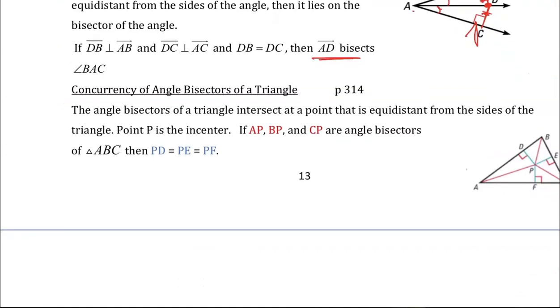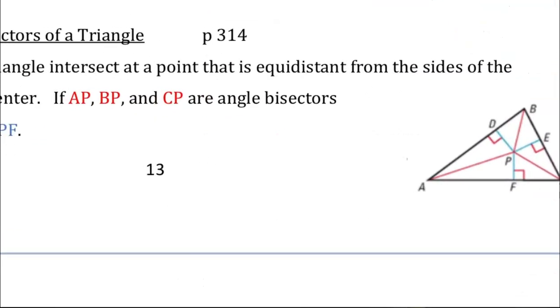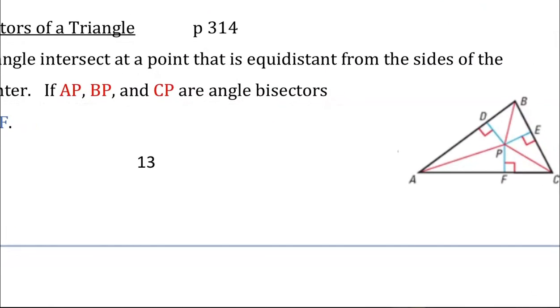And then in terms of the concurrency, look what's going to happen. Remember, you're dealing with angle bisectors. So the angle bisectors are BP, AP, and CP. P is the in-center. And what happens when I have P as the in-center?